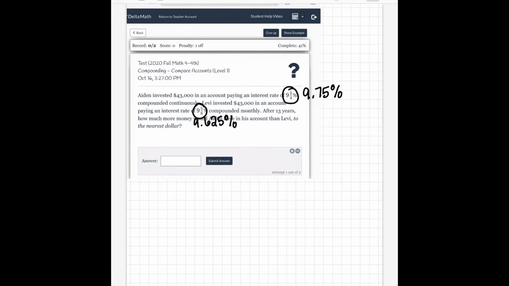Then they're going to ask you to compare it. So it says Aiden invested $43,000 and is paid at 9.75% compounded continuously. So for Aiden, I'm going to use my continuous formula. All right, and then for Levi, it says that he is being compounded monthly.